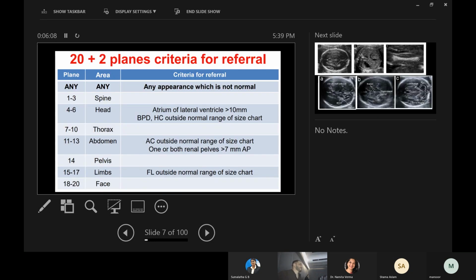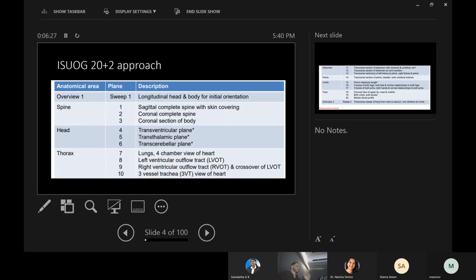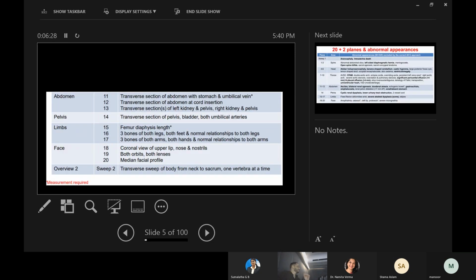Now, what is the criteria for referral? Suppose an anomaly scan is after all a screening scan. So when will you refer it to a fetal medicine specialist? Now what they say is, these planes which we have described here, for each plane practice 100 images.